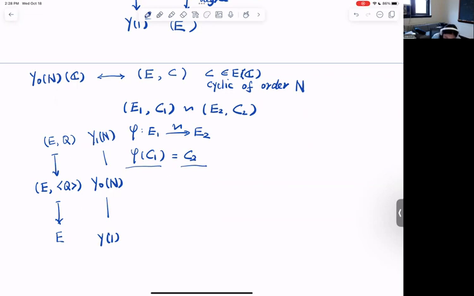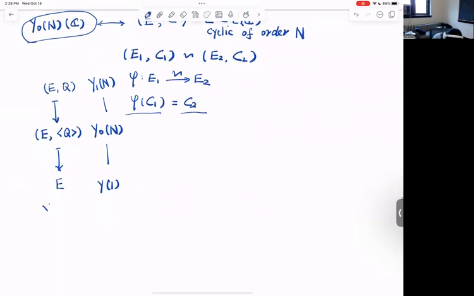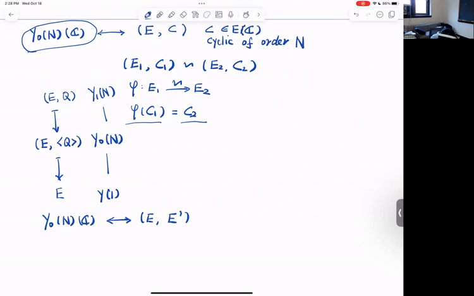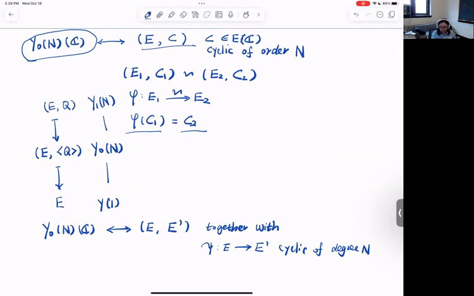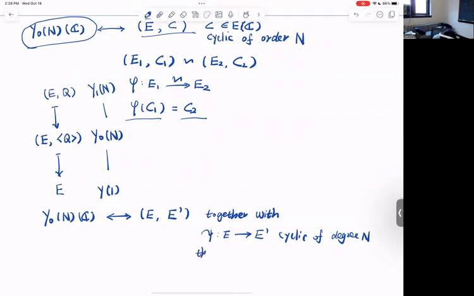Okay, so another way to think about a C point on Y0(N), instead of using (E, C), is this: a point corresponds to a pair of elliptic curves E and E prime, together with a cyclic isogeny of degree N. In other words, giving you (E, C) is the same as giving you E and E/C together with this isogeny, because the group C is just the kernel of the isogeny.